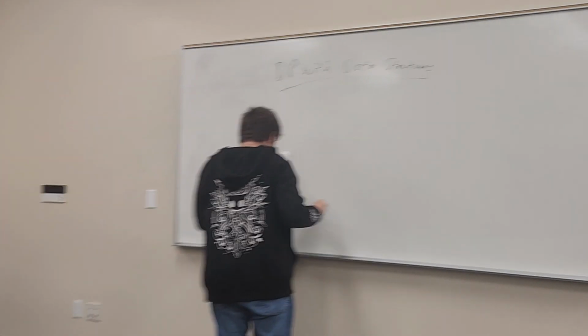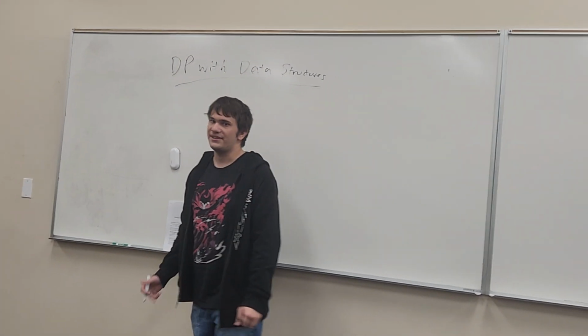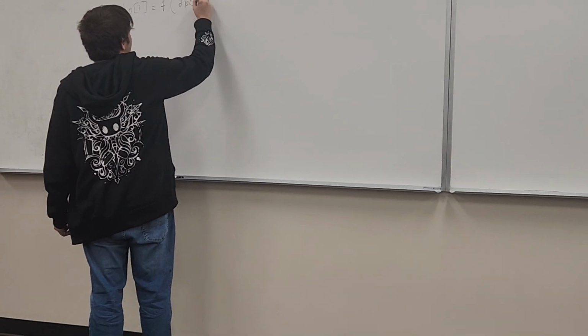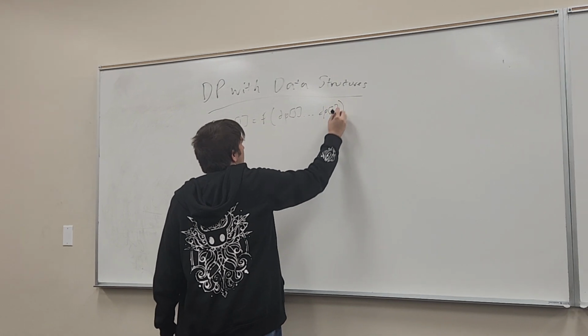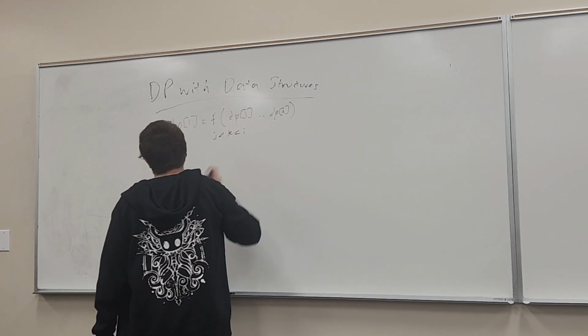Okay, so the main general idea that you tend to come up with in data structure DP problems is when you have some sort of recurrence on some range. So let's say you have your DP, where DP of i is equal to some function that acts on DP of j all the way to DP of k, where j is less than k is less than i.